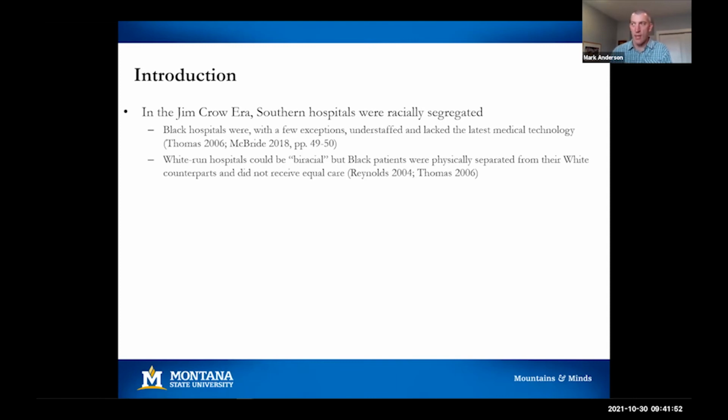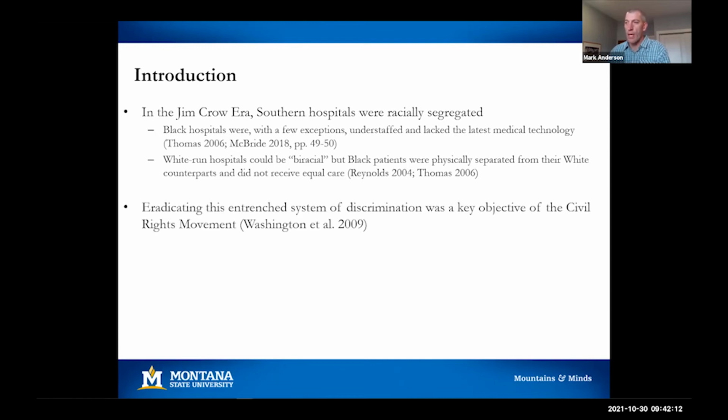Black hospitals that existed at the time were, with maybe a few exceptions, very much understaffed and lacked the latest medical technologies. White-run hospitals could be biracial, but Black patients in these hospitals were physically separated from their white counterparts and certainly did not receive equal care. Eradicating this entrenched system of discrimination was a key objective of the civil rights movement.